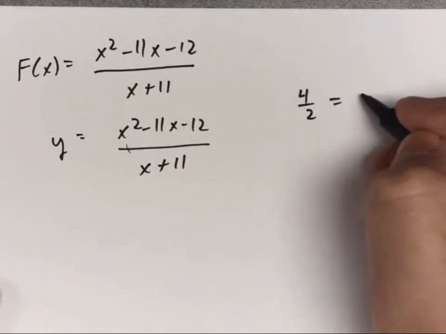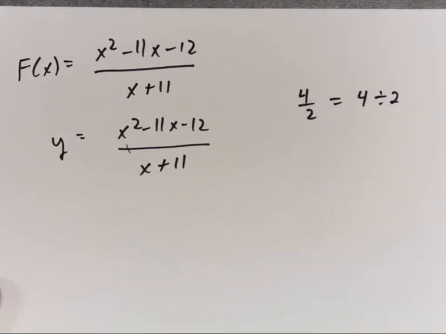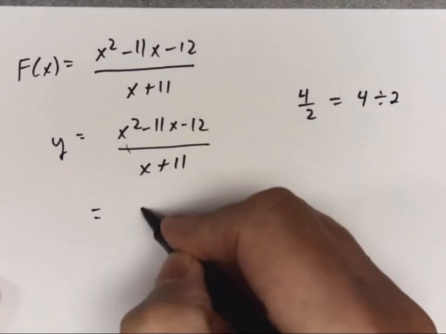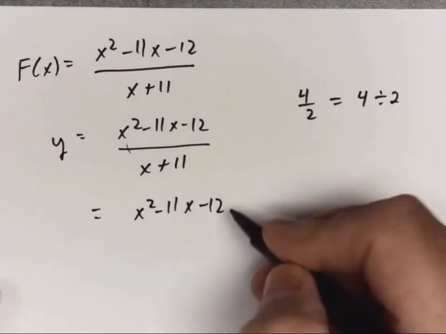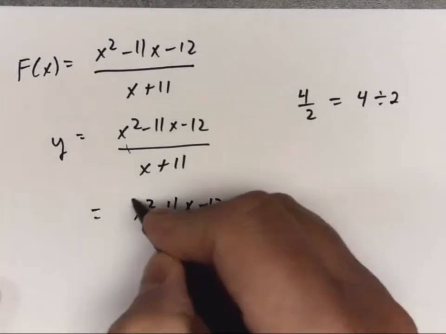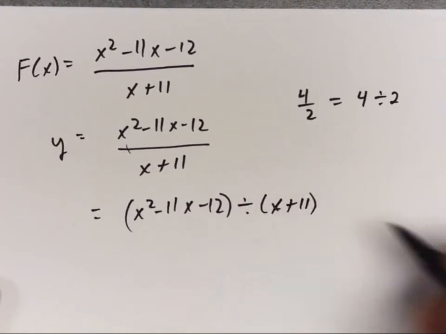4 over 2 is the same thing as 4 divided by 2. So we're going to think of this as x squared minus 11x minus 12 divided by x plus 11.